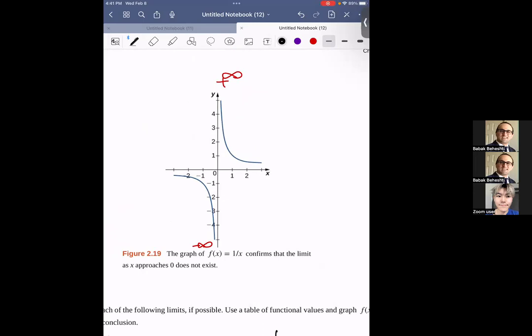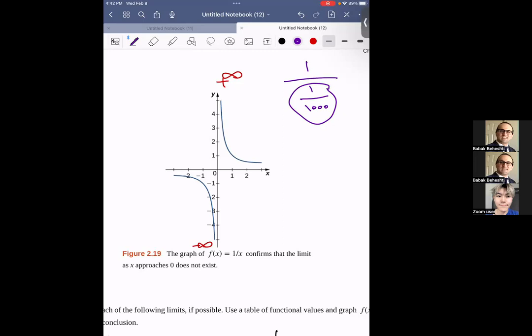For example, what is 1 over 1,000? Let me write it here. 1 over 1,000. But this guy is a very small number, right? But when you compute the limit of 1 over x, then it becomes very large.